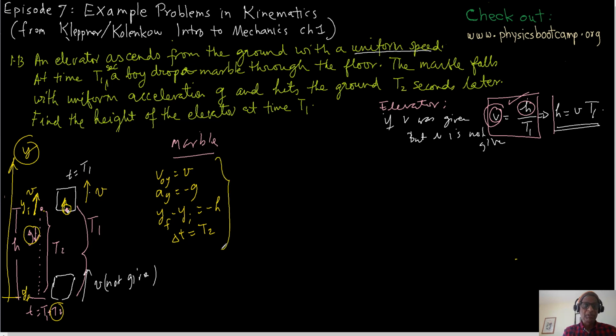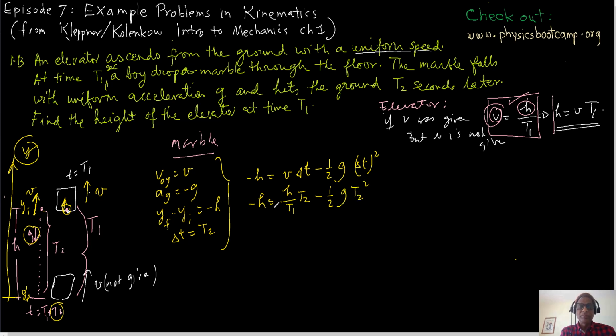So using this, the marble equation looks like minus h equals v delta t minus half g delta t square. For v, I can use h over t1, and delta t is t2, so minus h equals h over t1 times t2 minus half g t2 square. Now I can bring this side over, so h times 1 plus t2 over t1 equals half g t2 square.